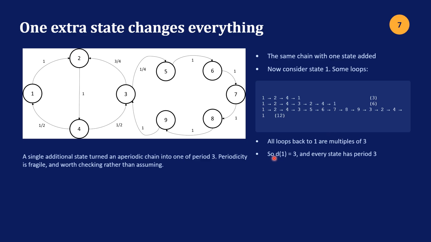So in this case, the GCD of the return times back to state 1 is 3. And so not only is 1 of period 3, but all these other states are also of period 3. So the GCD of their return times is 3 in every case. You may want to check a few more just to see that.